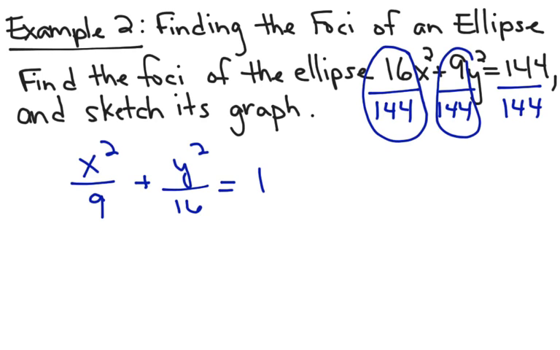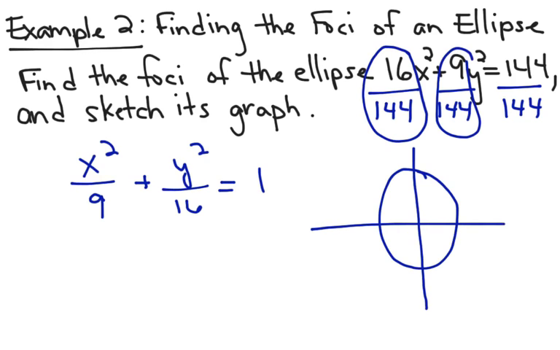Okay, so let's start with this. This has the larger denominator under the y. That means when I go to graph it, it's going to be elongated like this. There's my quick sketch. Now, because the major axis is the vertical length, this is a squared, so a must be 4.